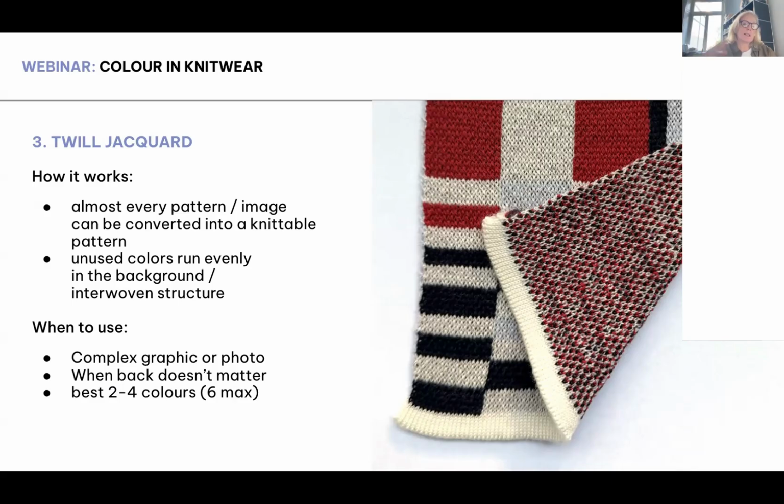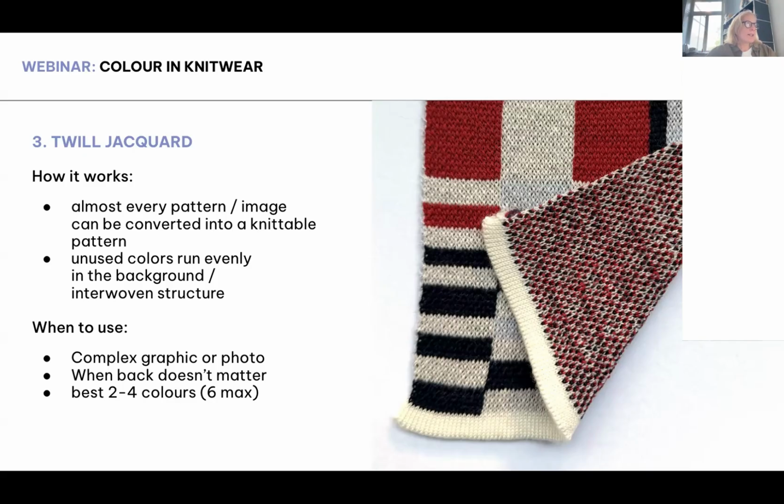All unused colors, similar to the net jacquard, run evenly in the background. So you have the color which is in the pattern running in front, and all the other colors of your pattern create this pattern you see here in the image on the back as an interwoven structure.